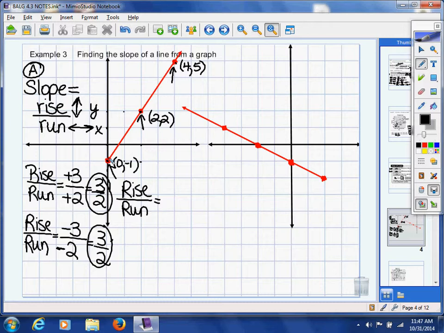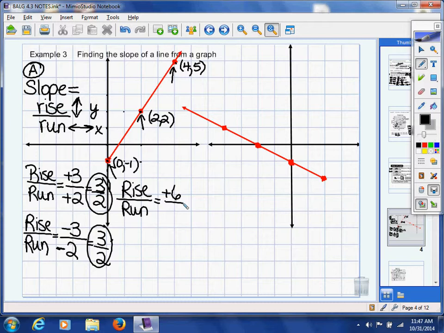I'm going to start at the lower one, okay? So let's rise. We're going to go up 1, 2, 3, 4, 5, 6. Now you know when to stop is when you're on the same level as the point you're trying to get to. That's how you know when you can stop rising, when you're on the same level, okay? Now we're at +6, so if I go up, that's positive, and I'm getting ready to go right, that's also positive.